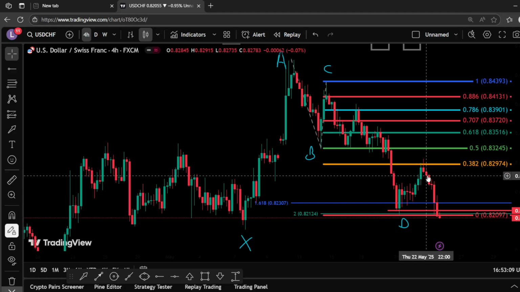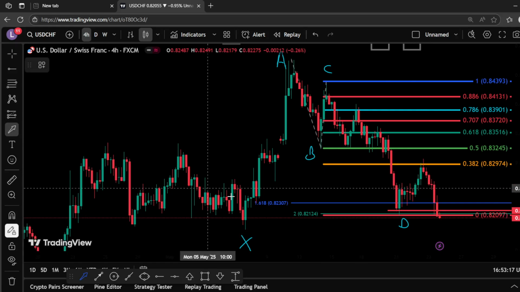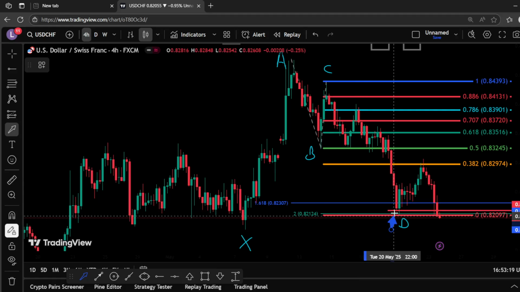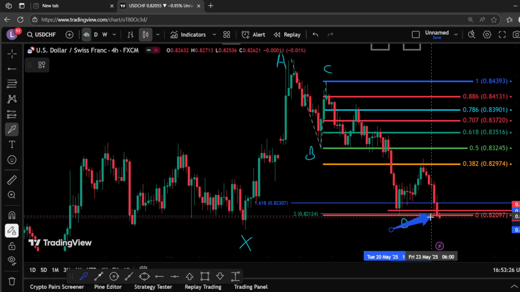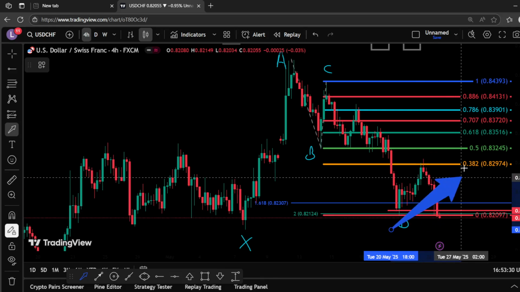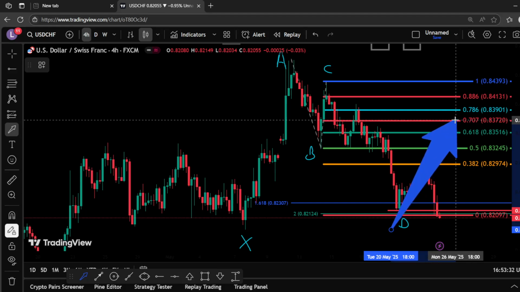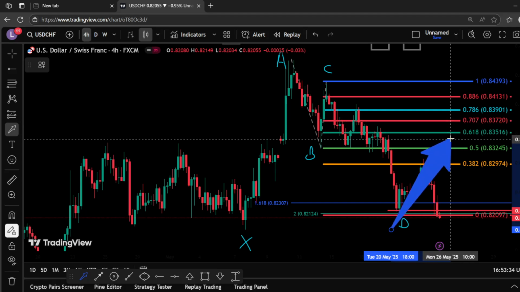Like I said, from my experience, you always hit your first take profit at 0.382 before you have a retracement. So the first move to the upside to hit the first take profit is called the reactive move. And this push down is called the retest. So we retest the level before we go back to hit the 0.618 second take profit.